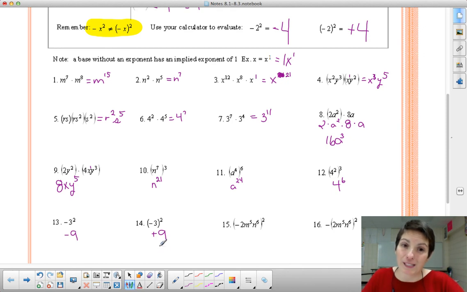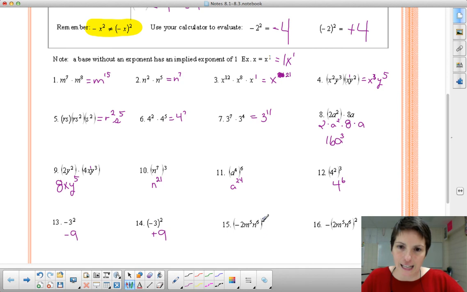I hope when you got to number 10 and number 11, you were multiplying and not adding, because those are superpowers, or power to a power. Remember that when we have a superpower, it multiplies my strength. So superpowers multiply. Be careful in number 13 and 14. That's what we just looked at with our calculator. This one says take the opposite. This one says take negative 3 and square it.